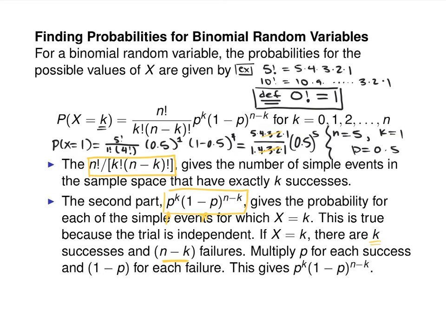That's why this is 1 minus p, the failure probability, to the n minus k. And if you think about it, you have k plus n minus k equals n in the exponents, and this is your total number of trials. Okay, so we're going to actually use that formula. We'll talk about how to work through it. I know it's complicated, but put it on a note sheet for your next exam.